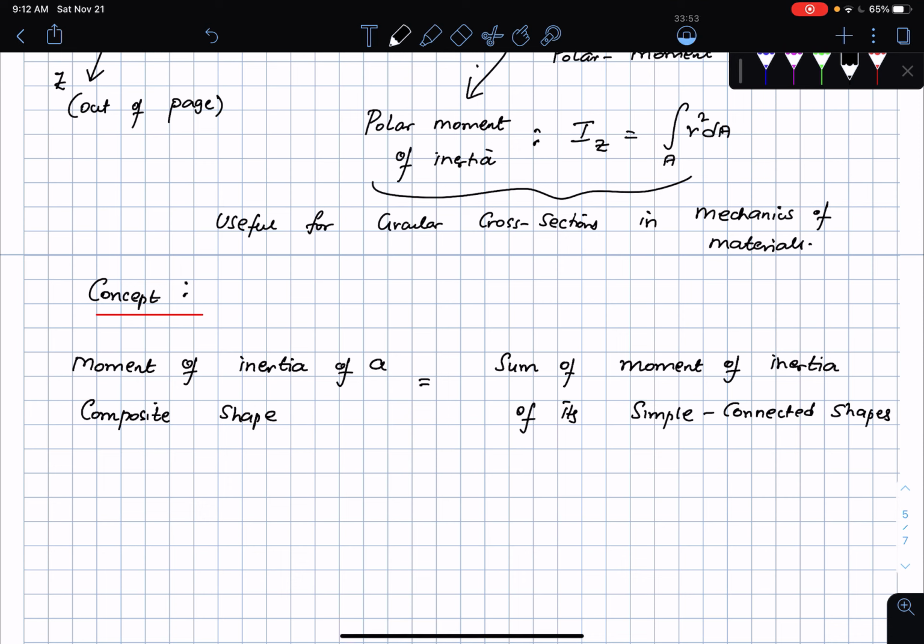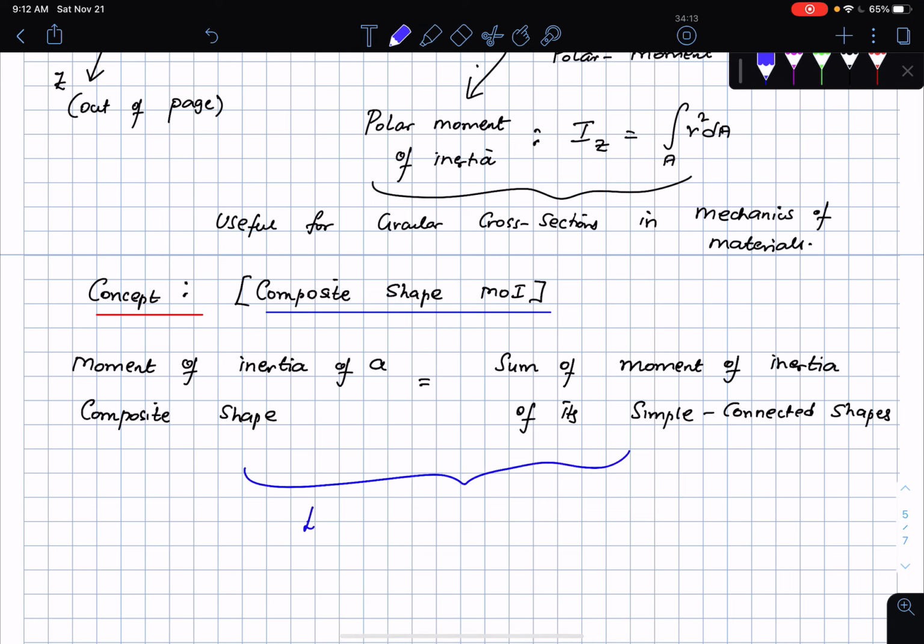This is the main concept for composite shapes. This is what we will be looking at in terms of problems, and this is what you'll be seeing in strength of materials. This employs the parallel axis theorem repeatedly. And that's about it.